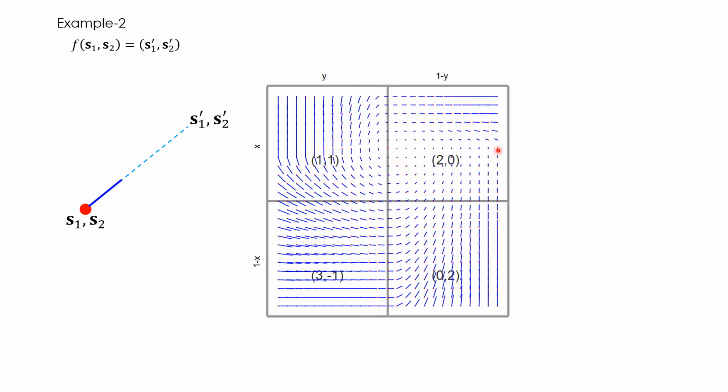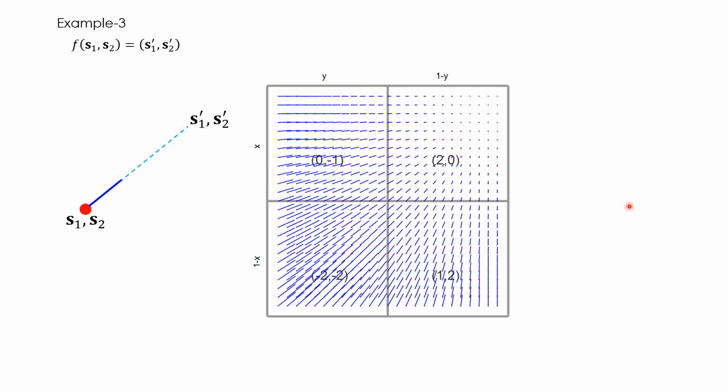And you'll see that from these lines, you can see that the Nash equilibrium is somewhere here. This is a third example which has a pure Nash equilibrium at the point x equals 1 and y equals 0 right here. And you can see all the blue lines are directed towards the pure Nash equilibrium.